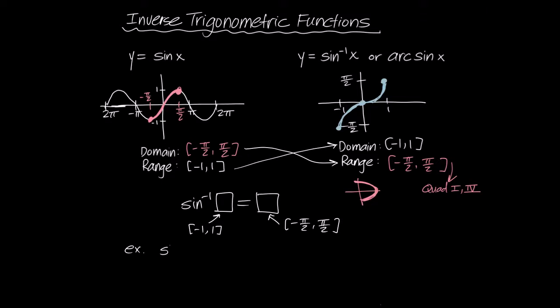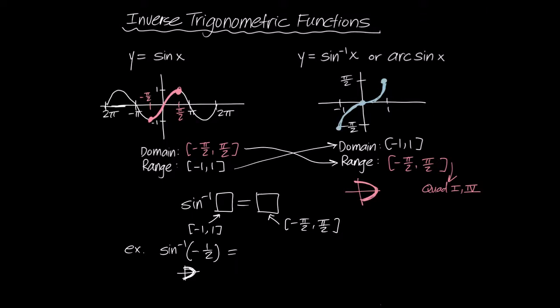It means that if I were to do inverse sine of, say, something like negative 1/2, I have to think about an angle that is inside the range negative pi over 2 to pi over 2. In other words, I have to think of an angle in the first or fourth quadrant that has a sine value of negative 1/2.